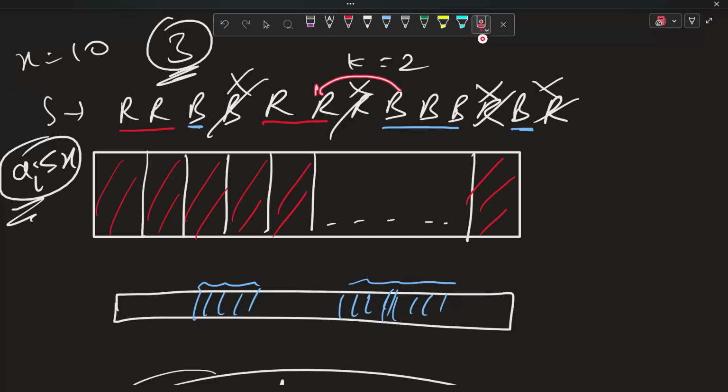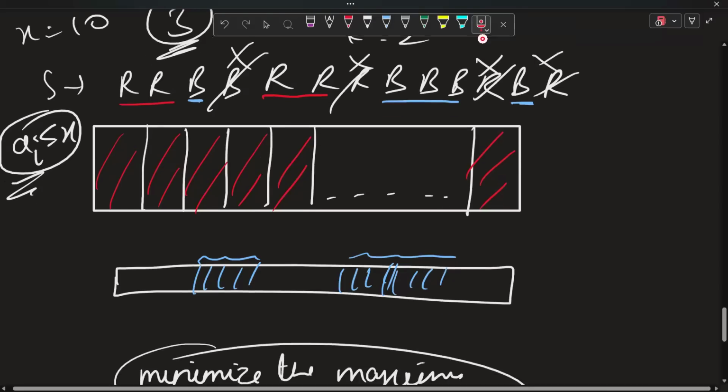Again, when you get a color change from red to blue, add a +1 to your answer, you start a new group. Again, when you get a color change from blue to red, that group is over. So the number of color changes from red to blue is the number of operations required. Okay, so I hope this is now clear to you.